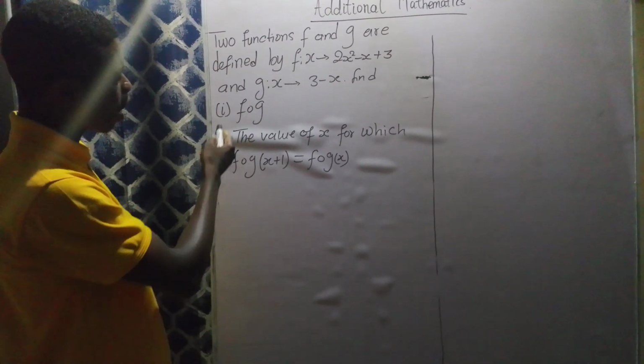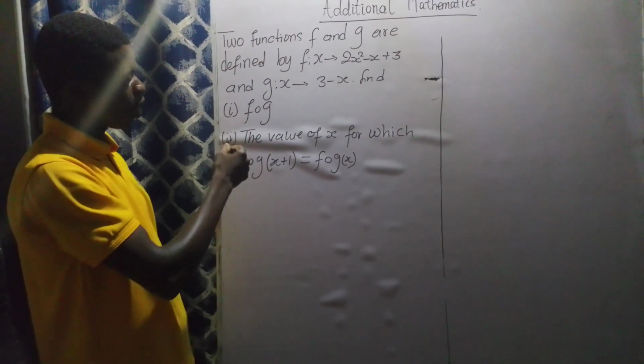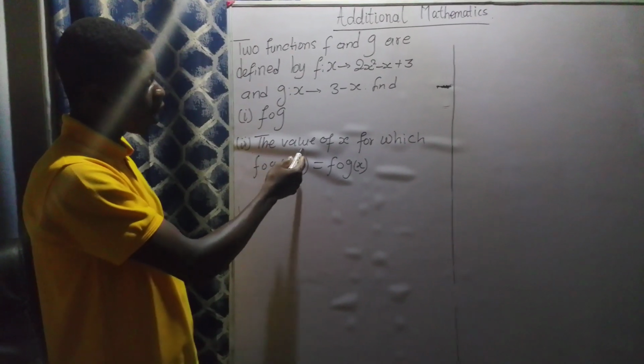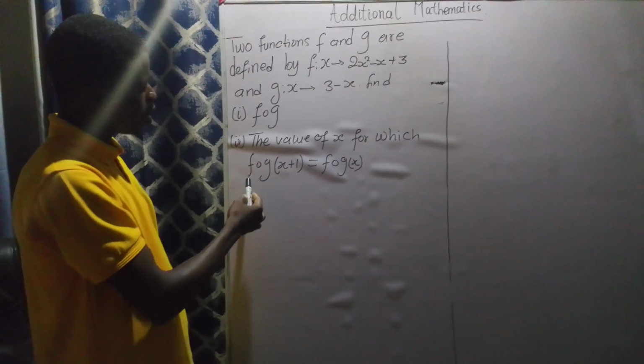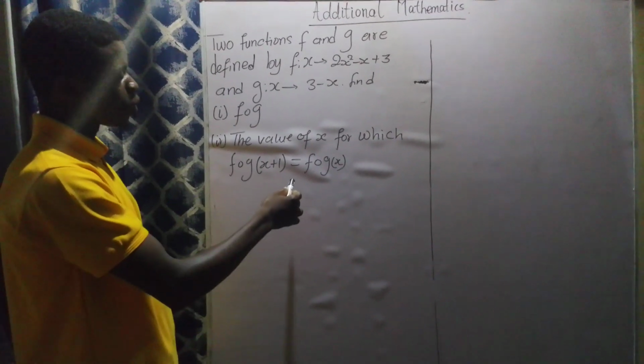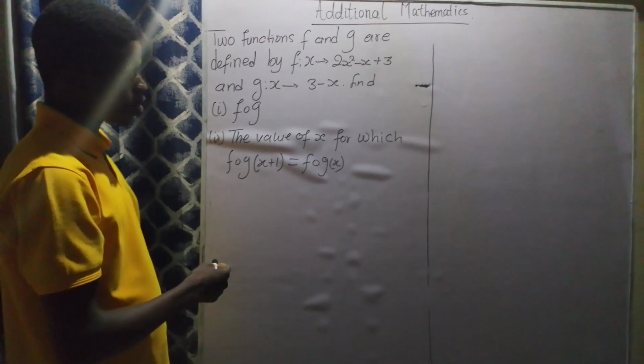We have to find (i) f of g, and (ii) the value of x for which f of g of (x plus 1) equals f of g of x.